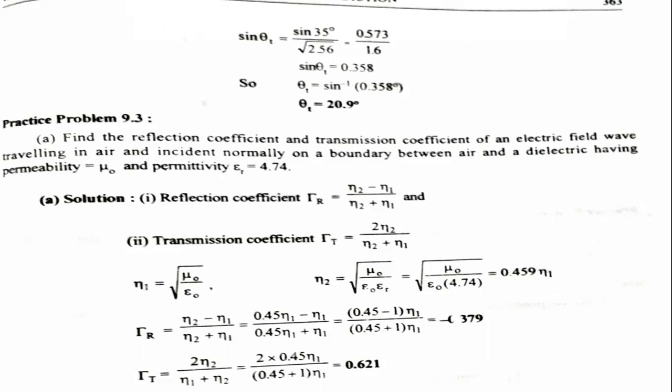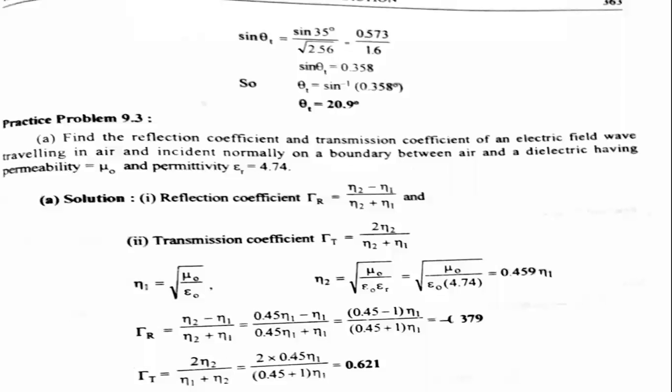So all of you once again read this question, what is given here. Find the reflection coefficient and transmission coefficient of an electric field wave traveling in the air, incident normally on the boundary between the air and the dielectric.